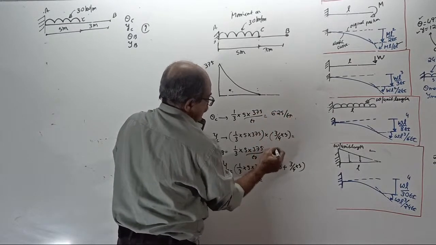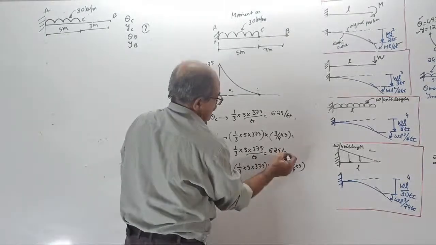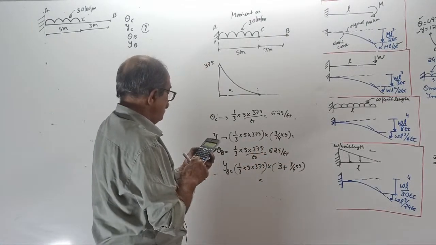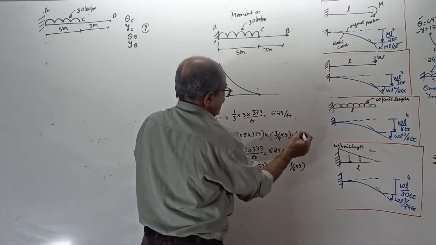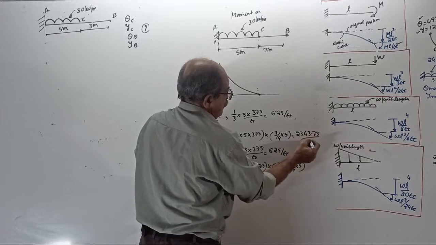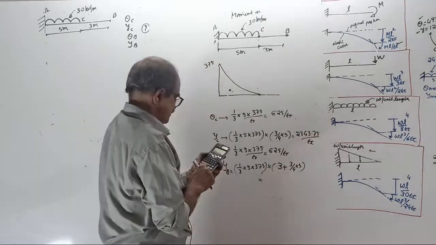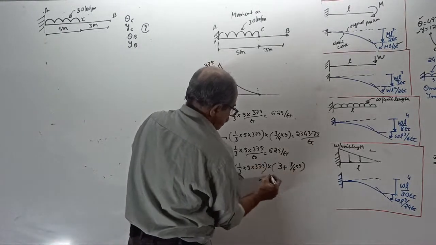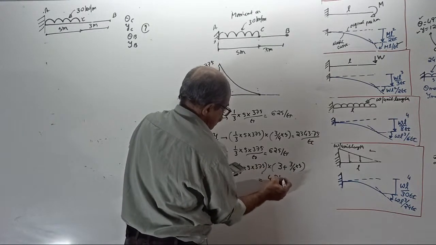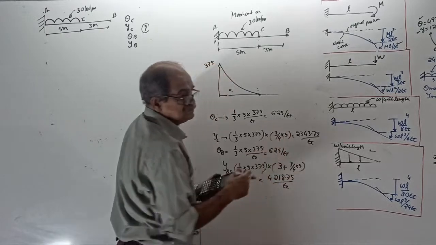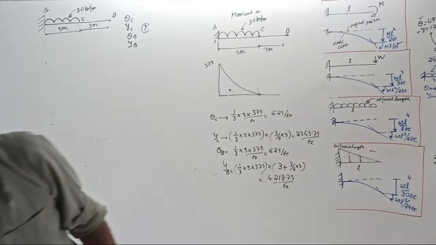This also 625 by EI. Then 2343.75 by EI, and 4218.75 by EI. That is the solution by the moment area method.